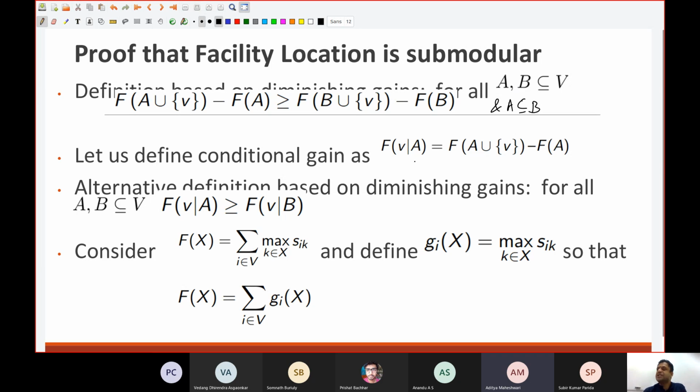Now let's define this conditional gain. The conditional gain is F of v given A, equal to F of A union v minus F of A. So it's a very compact notation.